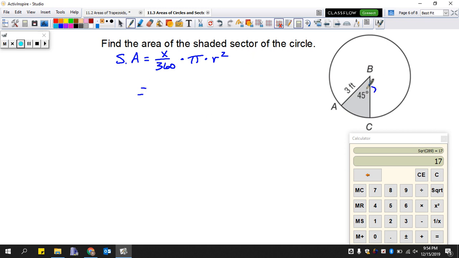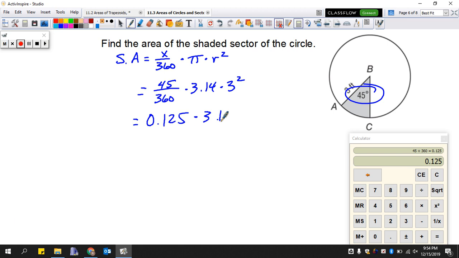So x here is 45. So we end up with 45 over 360 times 3.14 times the radius is 3. So that's 3 squared. We divide 45 divided by 360, 0.125, times 3.14 times 9.